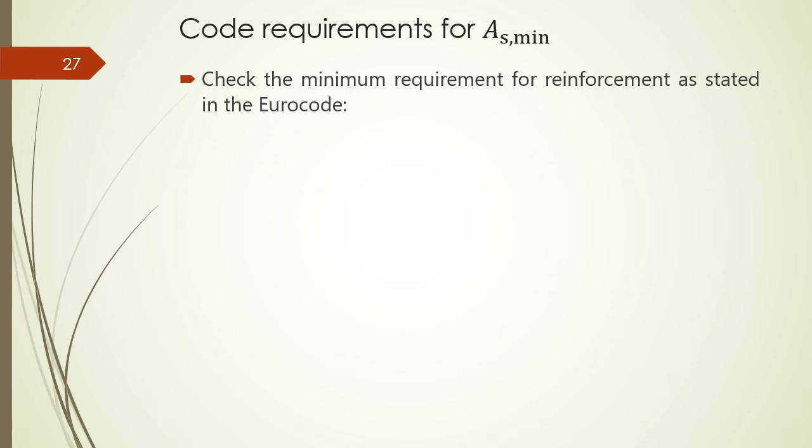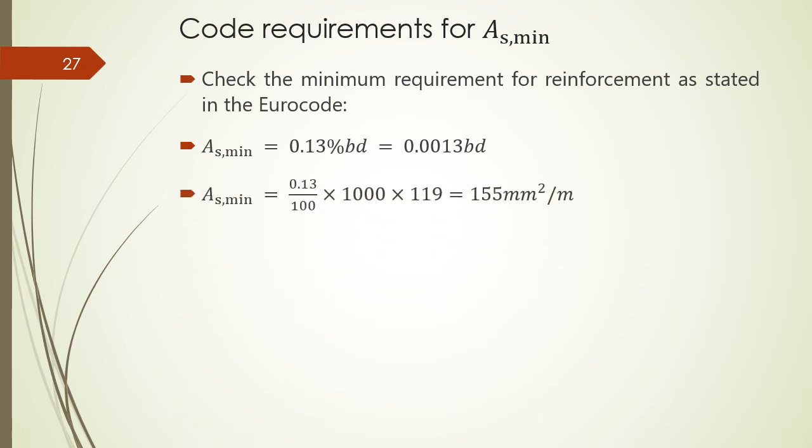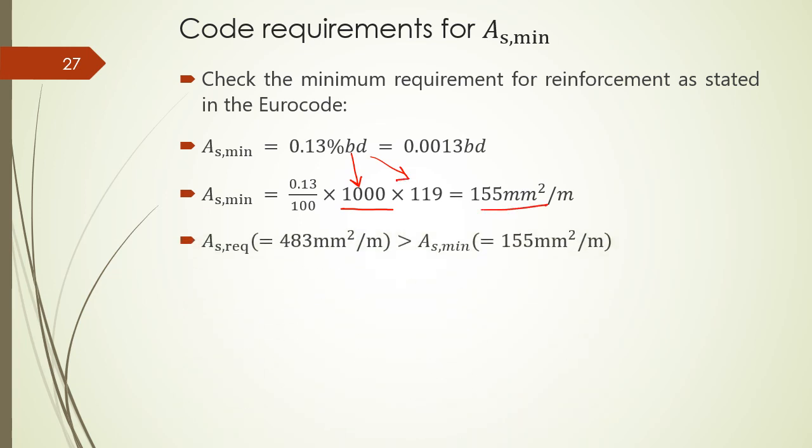Once we compute our required reinforcement, we need to verify that it is more than the nominal reinforcement As,min. That is given as 0.13% bd, which when we replace the value of b and d, so b, because we're working with 1 meter strip, is 1000 and d is 119, we get 155 millimeters squared per meter.